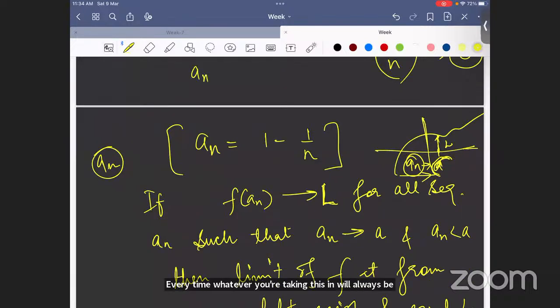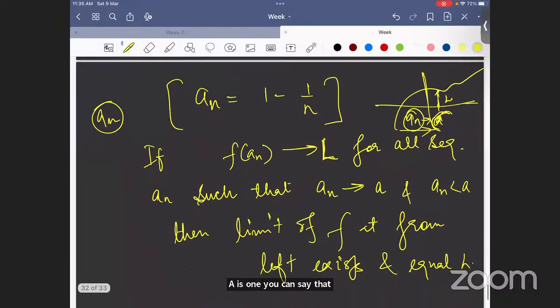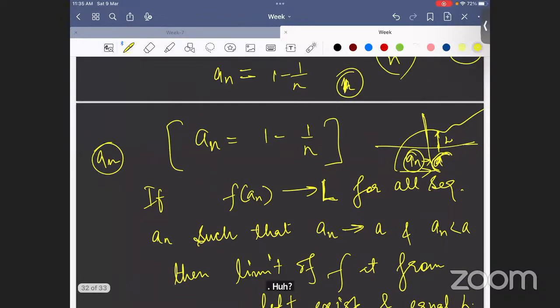For any sequence an, for example 1 minus 1 upon n, this is converging toward a, from the left hand side, and always an is less than a.